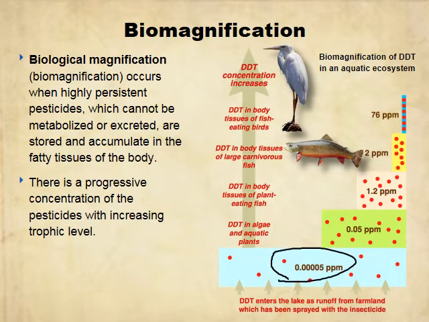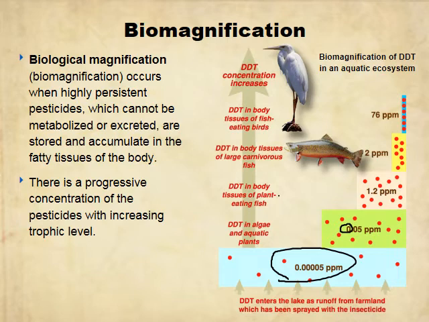dichlorodiphenyltrichloroethane, a huge pesticide that is now banned, and you have it in the water. So the aquatic plants each absorb a certain amount. Then the plant-eating fish have a certain amount. Then the large carnivorous fish keep consuming more and more.